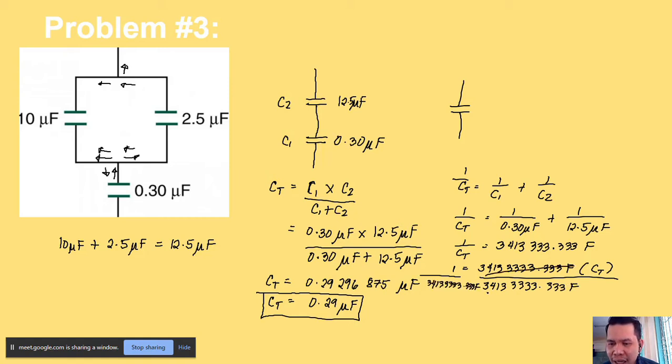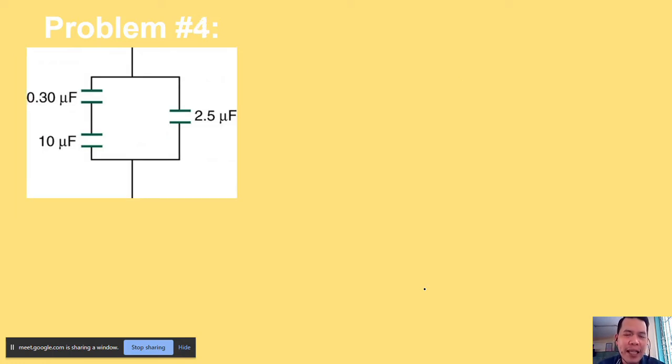So, cancel out. Our C sub T is 0.296875 microfarad, which is also the same as our previous answer. Proceed po tayo sa problem number 4 po natin.